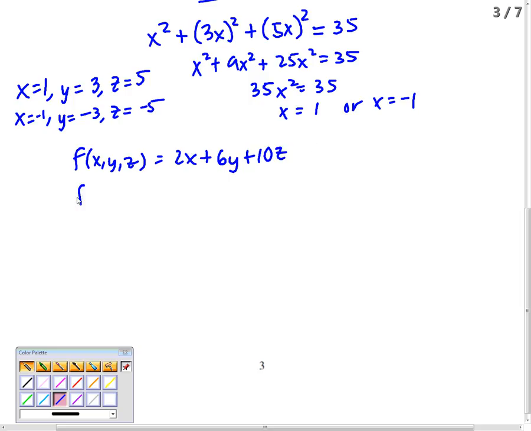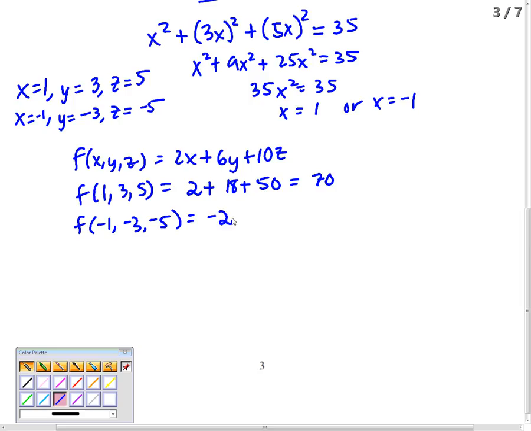Yes. So f of 1, 3, 5 is 2 plus 18 plus 50, check me. Yes. 70? And, well, it's a good thing I have two, a max and a min. So this is the max, and this is the min.